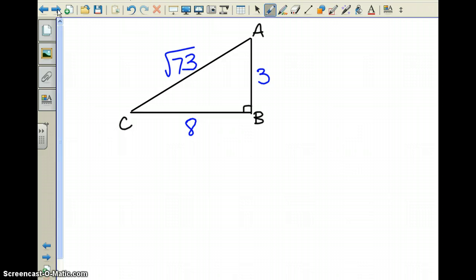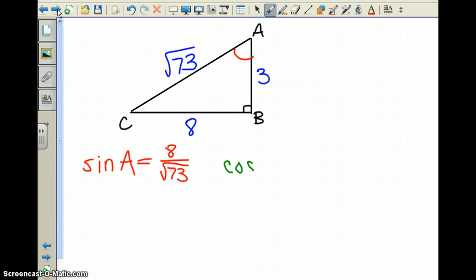So off of this triangle, let's do our 6 trig ratios. So we'll start with the 3 that we know well. Sine of, let's go from angle A. Sine of angle A, when I go opposite, I have 8, and hypotenuse, square root 73.